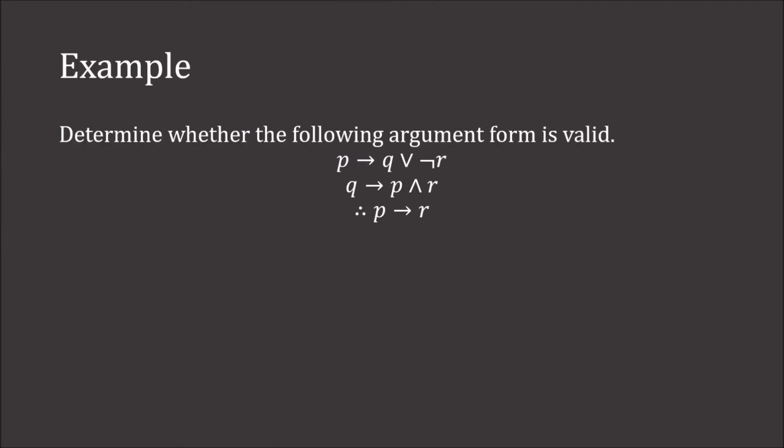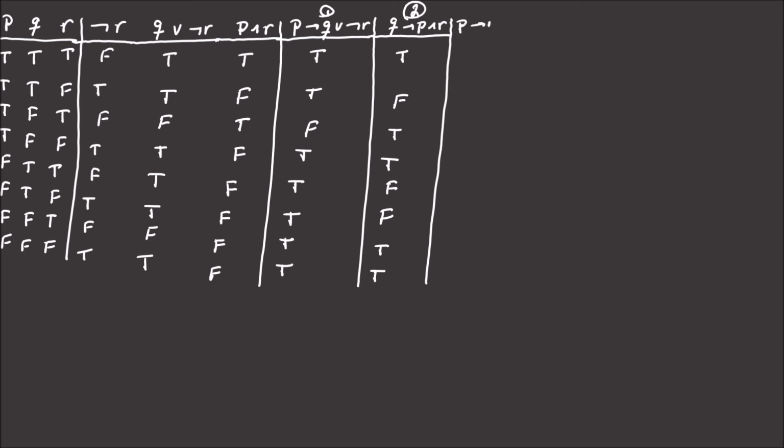So now we can do the conclusion, if P, then R. We actually only care about the critical rows, which are rows in which both hypotheses are true. Row 1, they're both true. Row 4, they're both true. Row 7 and row 8. Those are the only rows I'm concerned with for the conclusion. In the first row, if P then R is true.